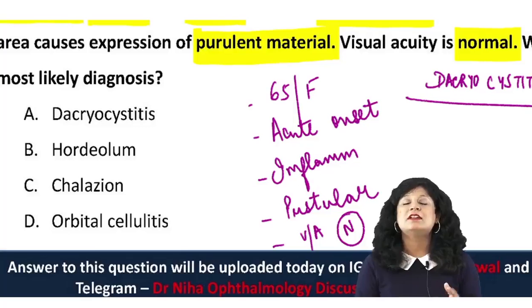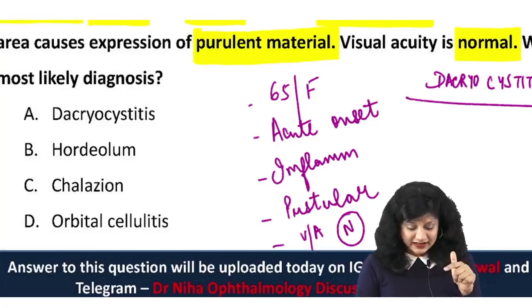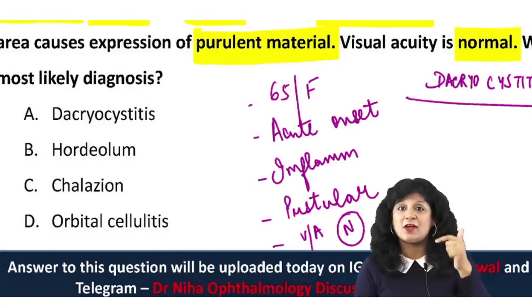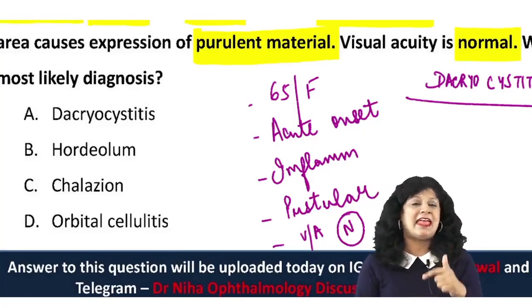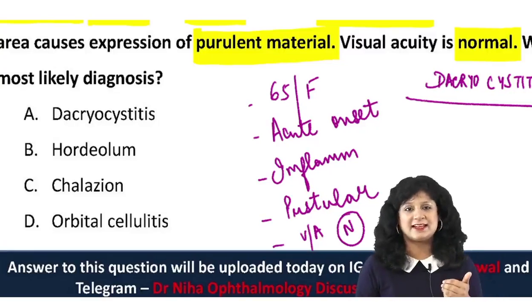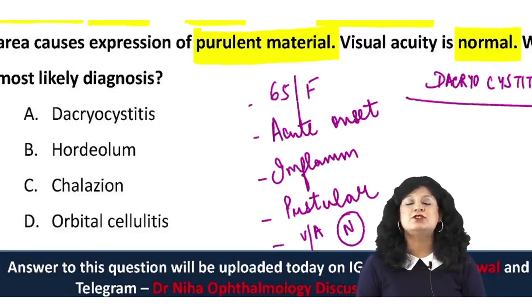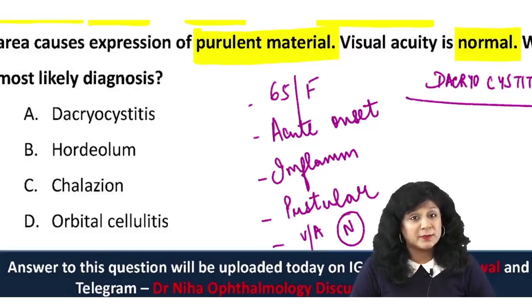But sometimes what happens, that due to overthinking, we start thinking, ma'am has said that read every option carefully and every option could be the answer. So what happens? Dacryocystitis is the first option. Yes, that is correct. But second, hordeolum. Then you start getting confused. Hordeolum is also pustular, right?